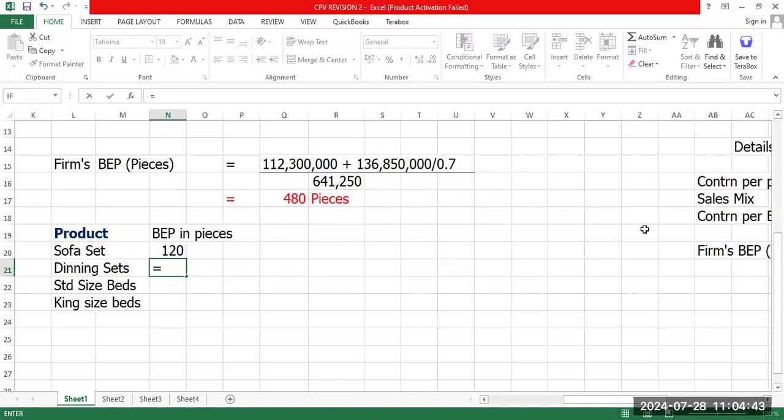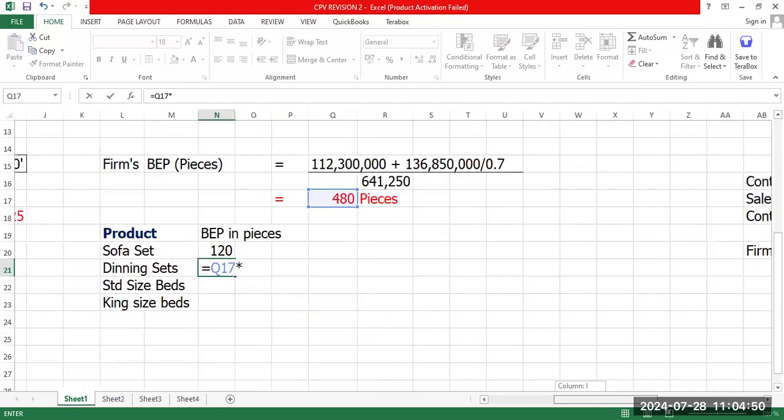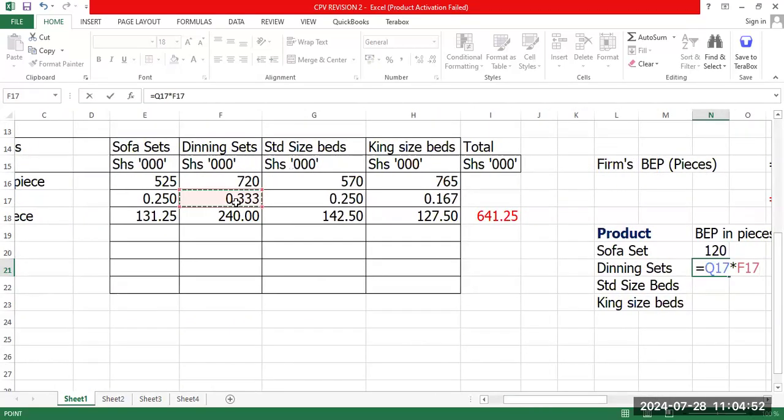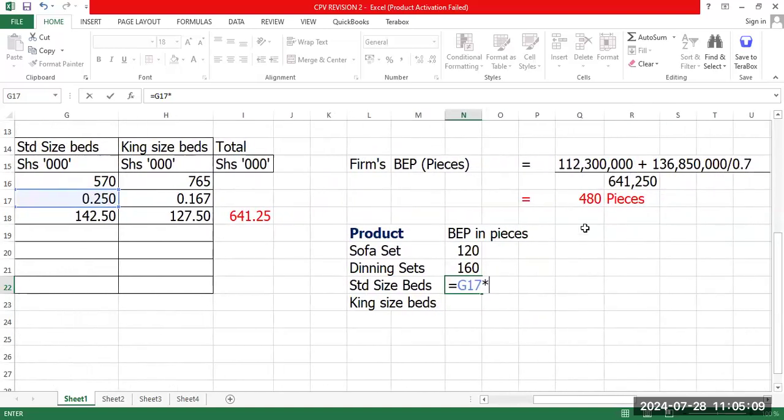Then here I get the sales mix for dining set. It is this one. Then here I get the sales mix, which is this one, and I multiply by this one. Then I get times this.